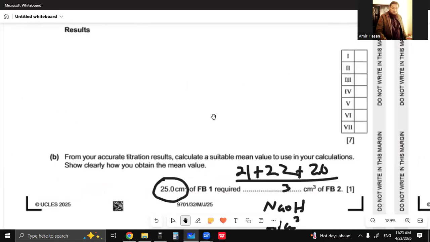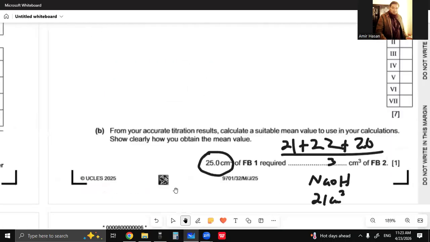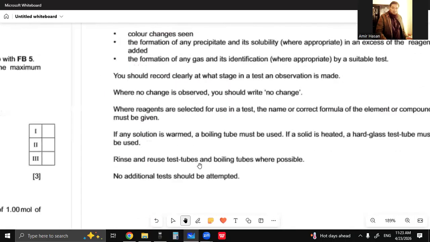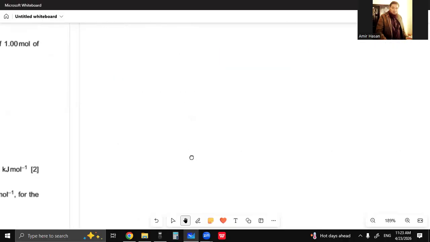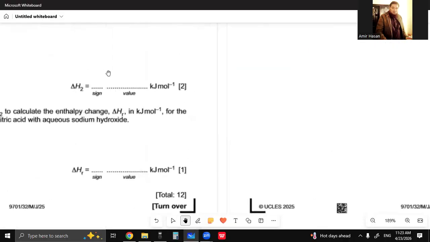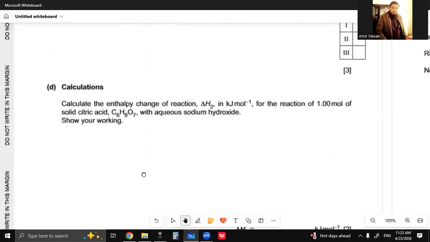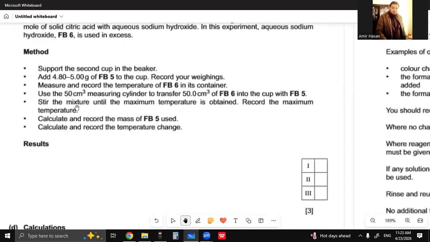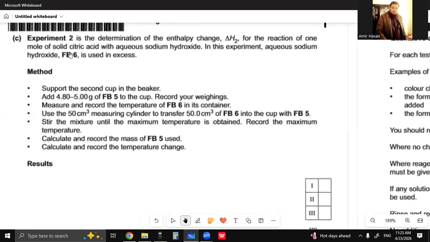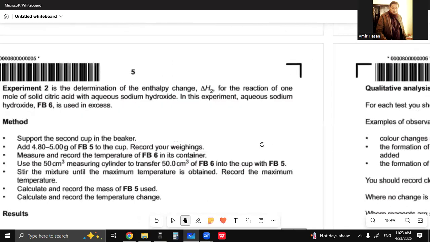First you weigh the cup. When you weigh the cup, then after that you put the NaOH solution in. Now check where FB5 is. FB6 is the sodium hydroxide, okay?